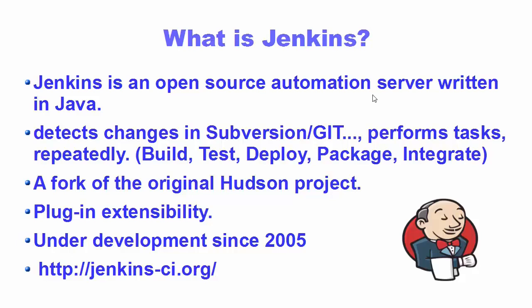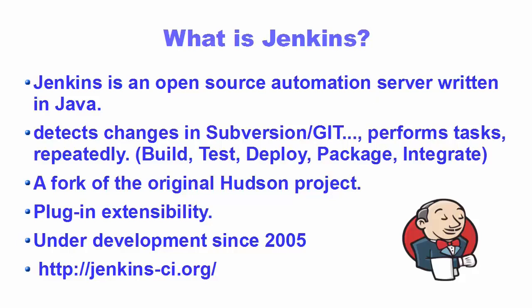So what tasks can Jenkins perform repeatedly? For example, if you have code, it can build your code, it can test your code, it can even deploy your code, and even package or integrate your code whenever it detects some changes in your version control system or in your code.